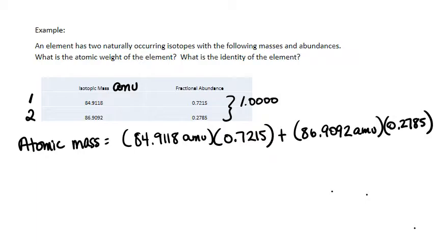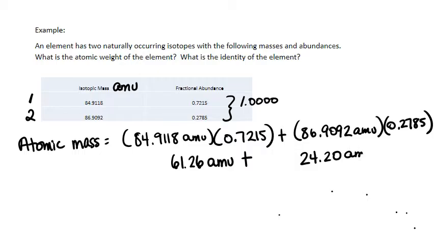Okay, so I'm going to do a little bit of calculator math. 84.9118 times 0.7215, I want to go to 4 significant digits, and I'm going to get 61.26 for this value. And then for my second isotope, 86.9092 multiplied by 0.2785 gives 24.20.